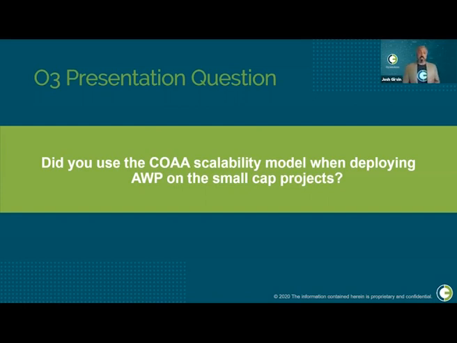But the most important thing is just to jump in and get going, because the nuances between the projects are better resolved at the local facility. And a kind of one size fits all industry methodology is not going to be the solution that really addresses the way that you need to think about small cap AWP at your facilities.